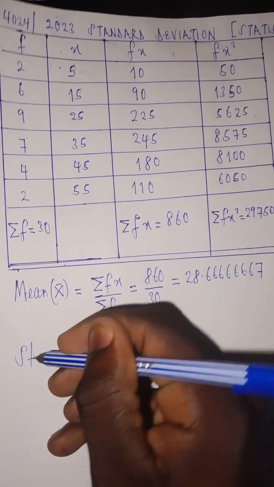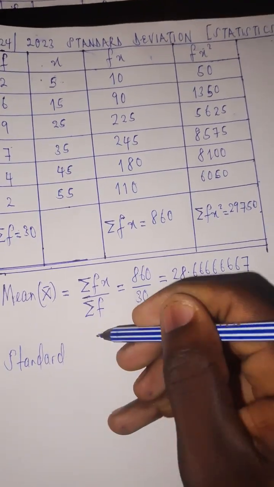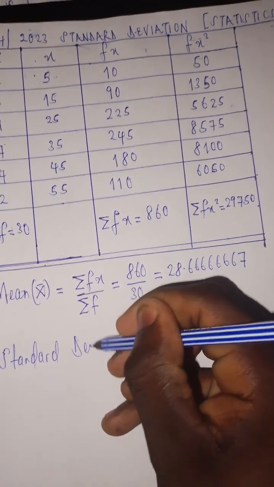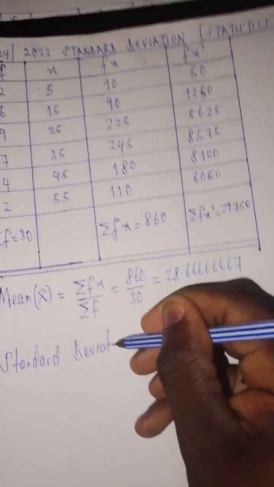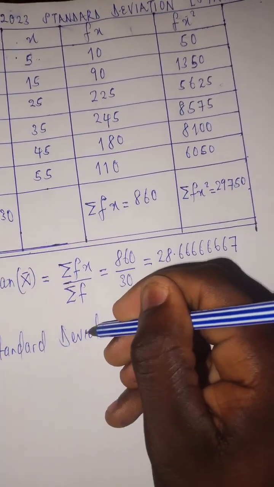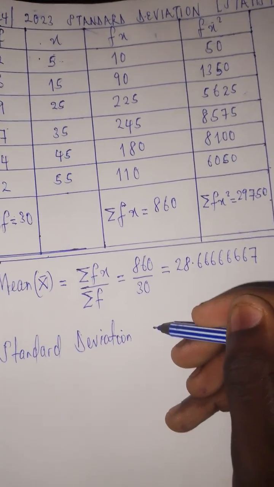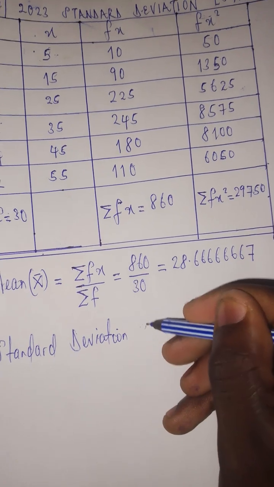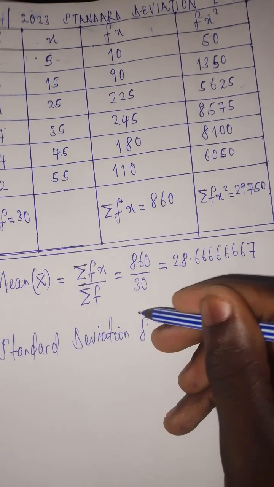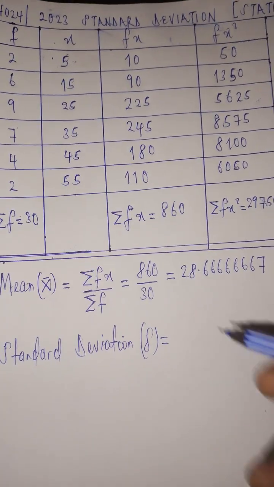So I'll say standard deviation will be equal to, so the symbol for standard deviation is this symbol, which is called a delta.